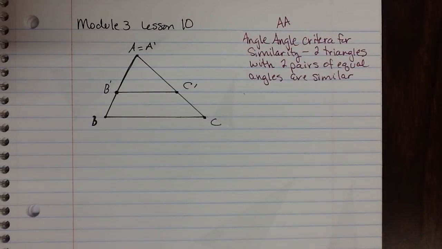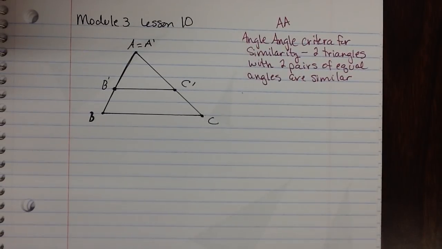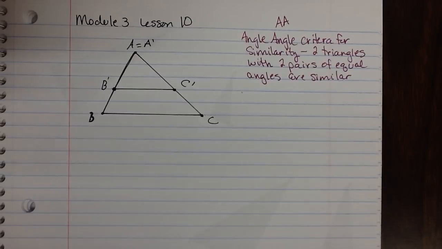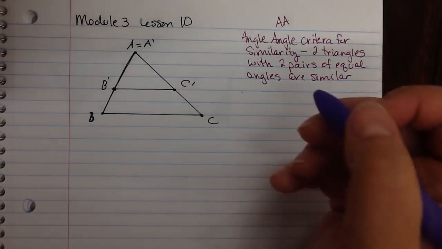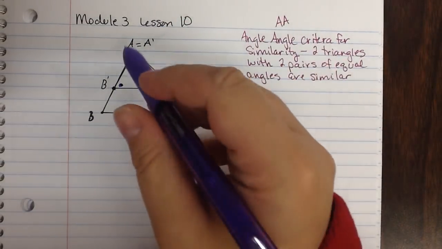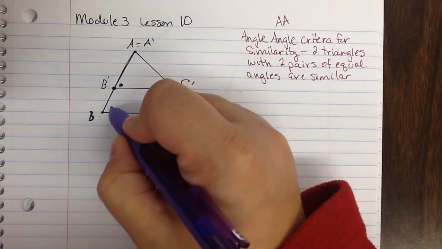In this case, we're given the angle A prime, B prime, C prime is equal to angle ABC, and that angle B prime, A prime, C prime is equal to angle BAC. So that just is saying that A prime, B prime, C prime, which is right here, is equal to ABC, which is right here.